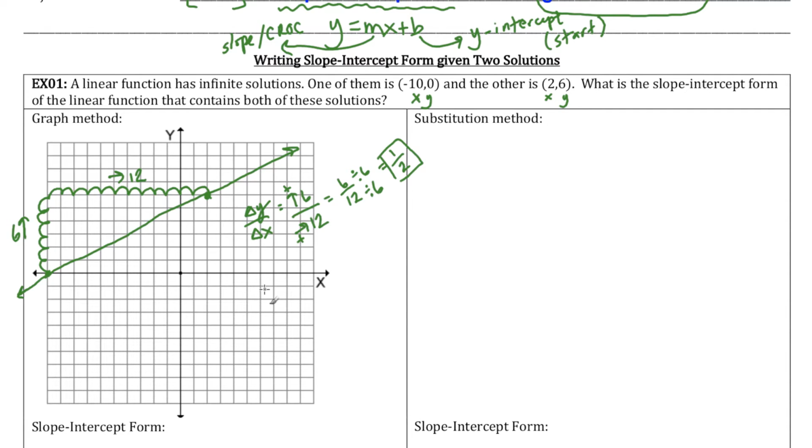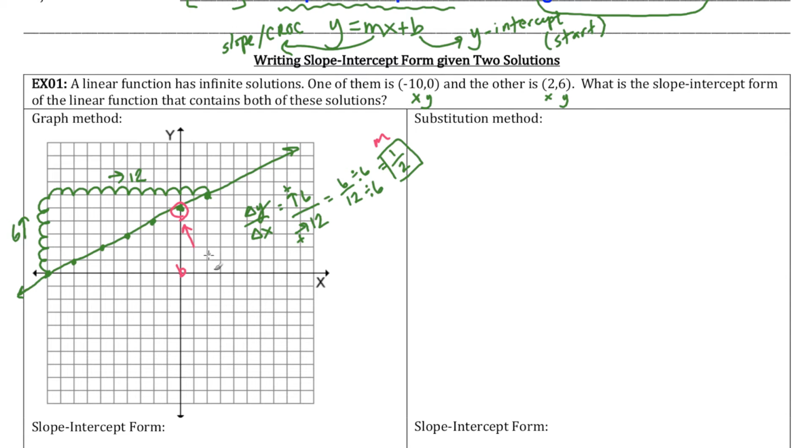So 1 over 2. So let's test it. 1 over 2, 1 over 2. Well, I didn't do too bad. This was a little off, but there we go. So this is our m. And then this is our b.